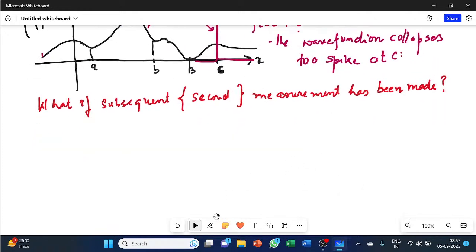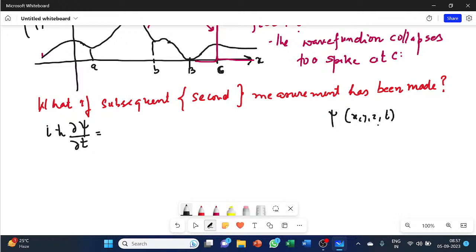Understand that your Schrodinger equation, if I'm writing the complete Schrodinger equation, let's say that it depends upon x, y, z, and time also. So minus h bar squared upon twice m, and then you have del squared psi upon del x squared, and then you have V and psi.